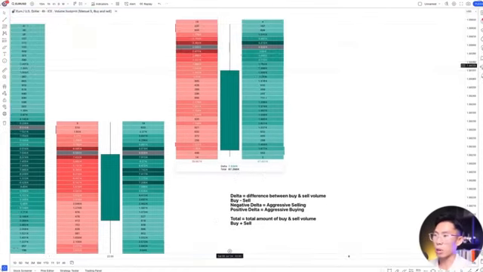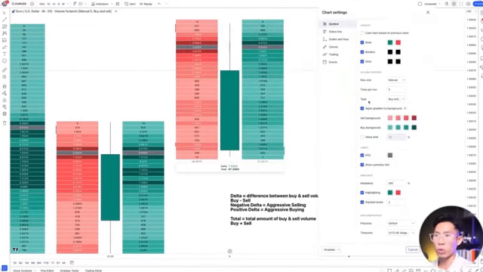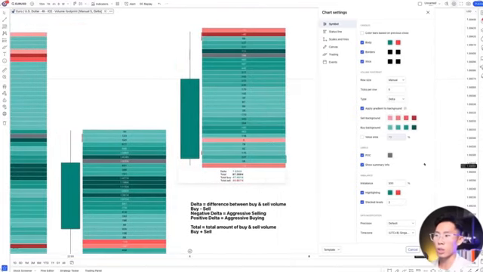Now, that's basically how this entire footprint chart works, like how you actually read it. And there's different types that you can choose from. You can see this is the normal buy and sell one, and then you can have the delta one, which just focuses on one row instead of having two rows that differentiate the buy and sell. You just have one row which shows you the total buy volume and total sell volume.